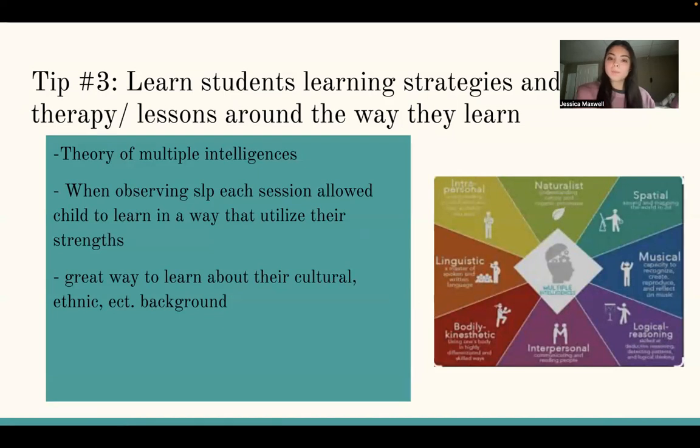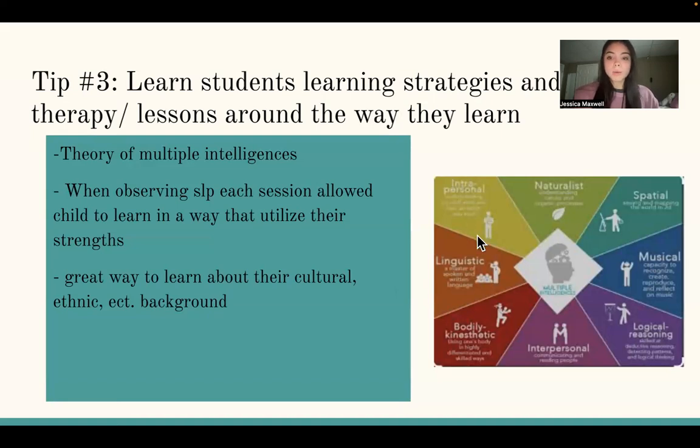So, for example, if I have a kid who is spatially intelligent, I'm going to base their therapy around sequencing and directions, maybe like how to make a sandwich, or, I have this barn. Does the farmer go in, on top of, or outside? So it's just playing to their strengths pretty much.